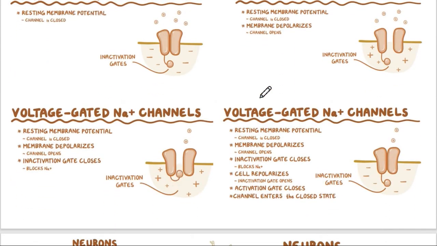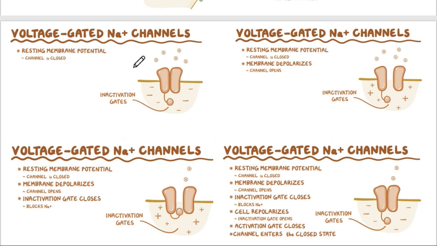Here we have the voltage-gated sodium channel. I need not complete all the mechanisms here. You can just study by looking at the reference. It is just a reference slide.